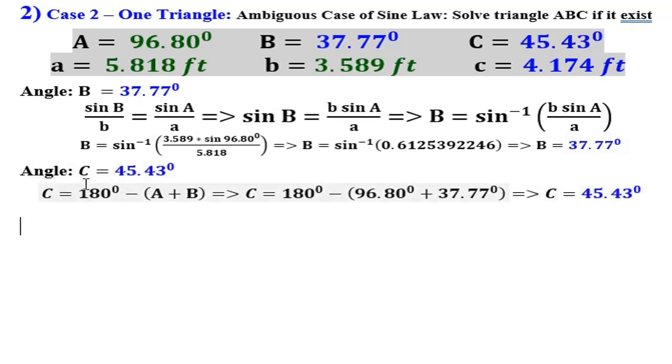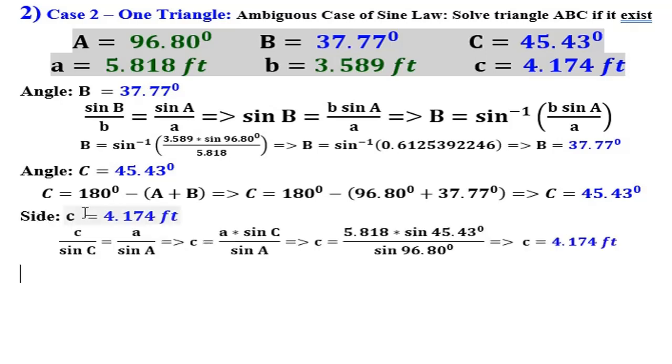Then to find angle C, it is simply 180 degrees minus the sum of angles A and B. That is C equals 180 degrees minus 96.80 degrees plus 37.77 degrees. When you add these two angles and subtract from 180 degrees, you get angle C.